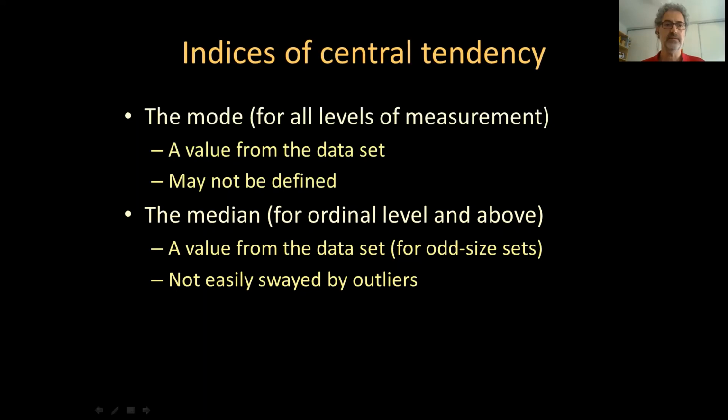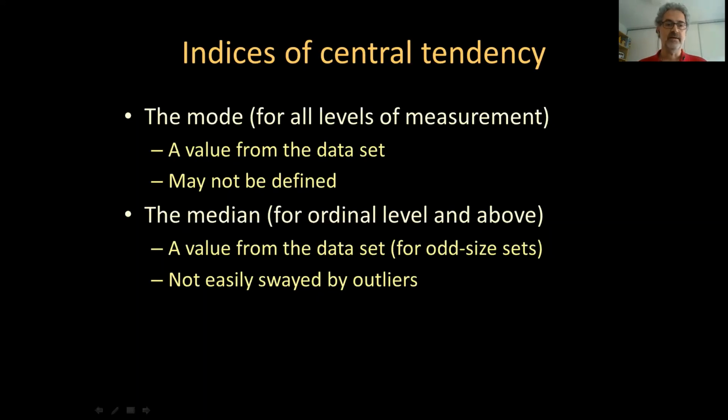And the median, like the mode, is a value from the data set. Now, actually, for the median, that's only true if there is an odd number of measurements, in which case the middle one exists. If there is an even number, you have to do something about the 2 middle ones, and that's easier to decide when they're numbers than when they're levels of an ordinal variable.